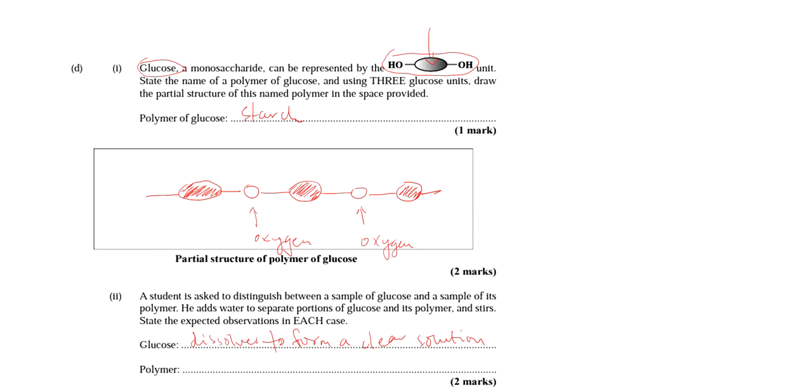In the case of the polymer, which is starch, starch is insoluble. So what you end up with is a cloudy suspension, because starch doesn't dissolve in water. So what you get is a cloudy suspension.